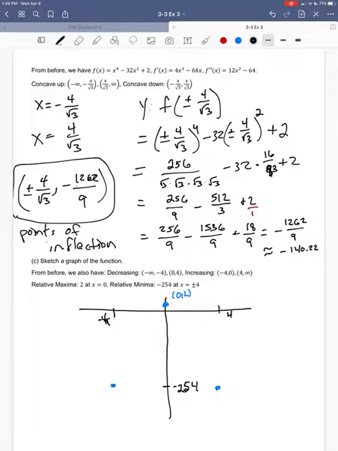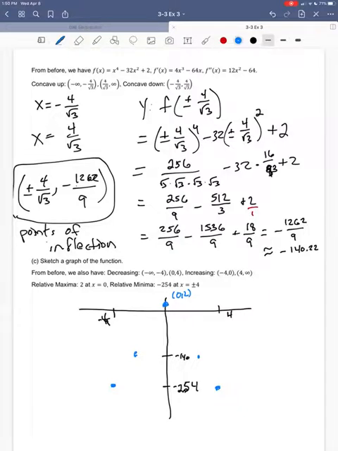That's going to be somewhere like that. And negative 2.31, I'm going to have a point somewhere like this, right? Negative 2.31, negative 140, and then positive 2.31, negative 140. So those are going to be these points.